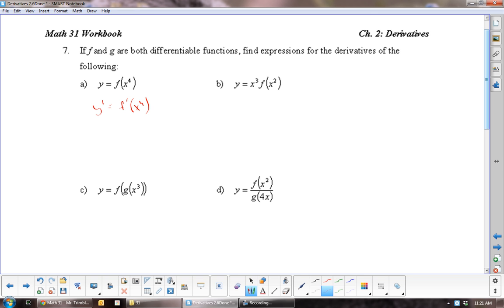Remember, the stuff inside remains safe. Then you do the derivative of the inside, which is 4x to the 3. You should always put the numbers in the front and the function should follow. So y prime would equal 4x cubed times f prime of x to the 4.